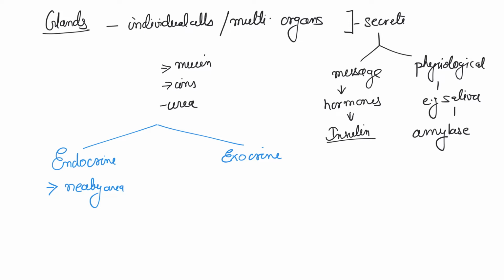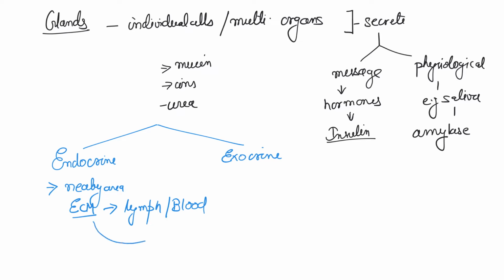You generally find the description that they give their secretion in the blood, but cells are not usually immersed in blood. You have to remember that. So endocrine glands give their secretion into the extracellular matrix, which obviously via lymph is linked to blood, and this is how it gets into blood.